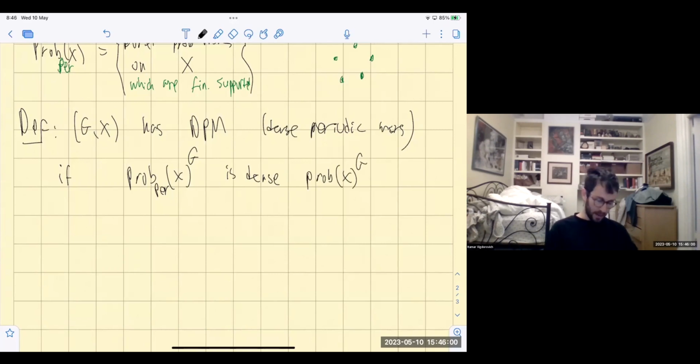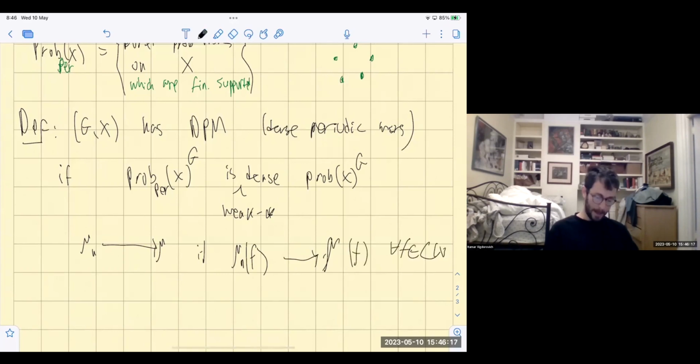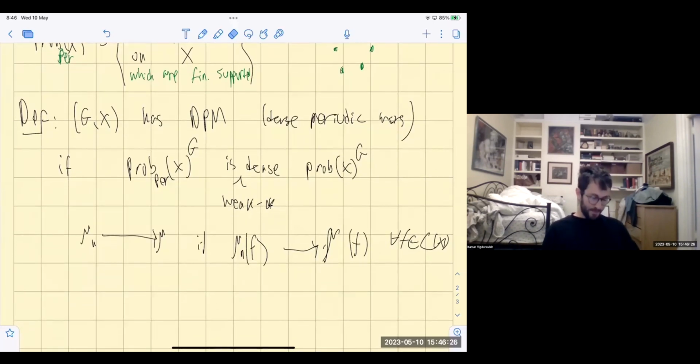And dense here is in the weak star topology. So mu_n goes to mu if mu_n(f) goes to mu(f) for all continuous functions on our space. Is this good? Okay, so this is a definition which I want to study. And of course, everything is motivated by the original question of group stability, which I'm kind of hiding for now. Soon I'll connect this with stability as well, okay?